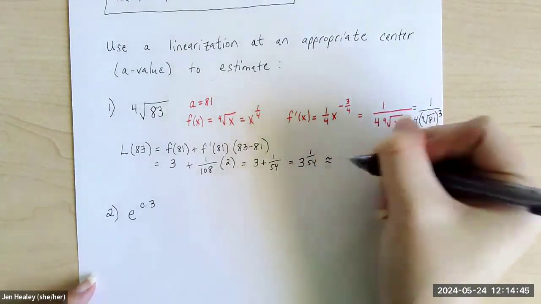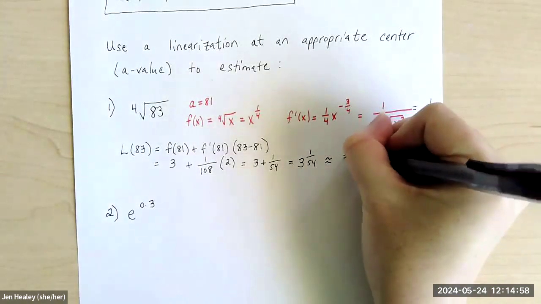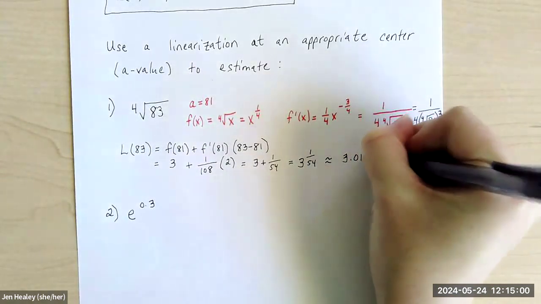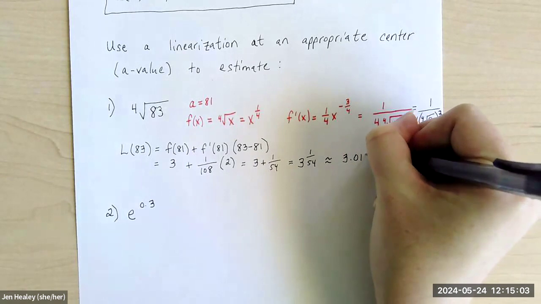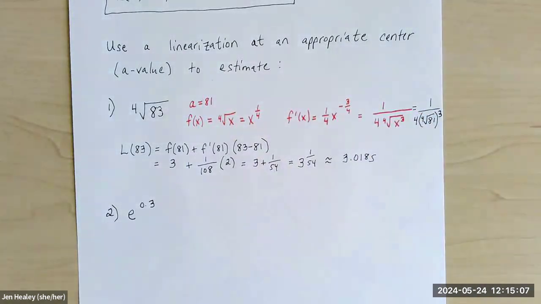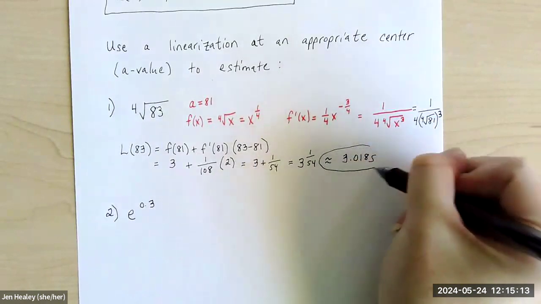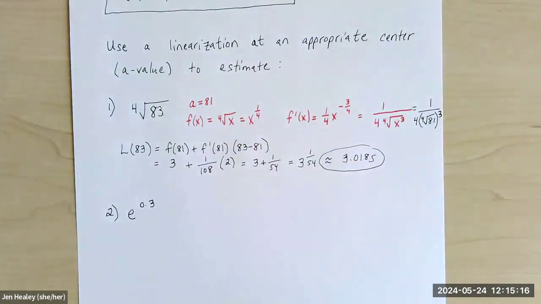Which, if I did 1/54 in my calculator, that's going to be 3.0185 if I round it. So this is my approximation. I got approximately that.